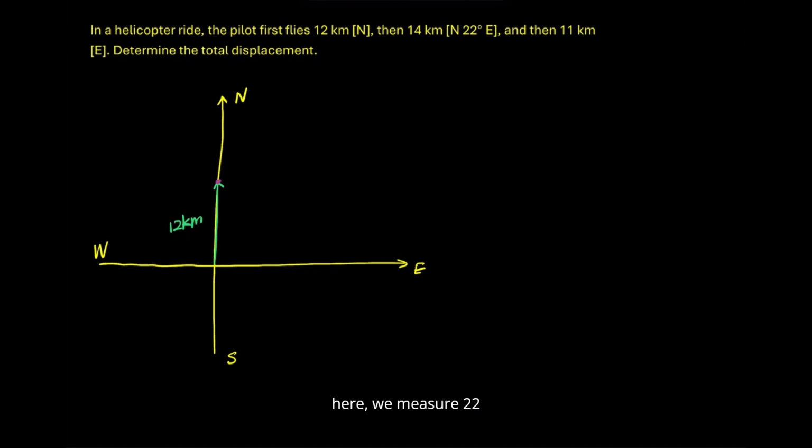From here, we measure 22 degrees eastward from the north line. So basically from the north line, rotate 22 degrees eastward, and the length of this line will be 14 kilometers.